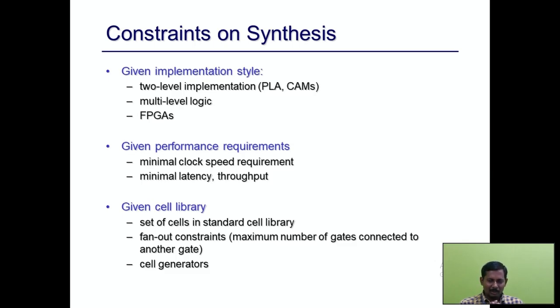Next one is performance requirements. The customer will give the minimum clock speed for the particular design, and latency and throughput may also be mentioned in the constraints. Why do we need to meet the minimum clock frequency?